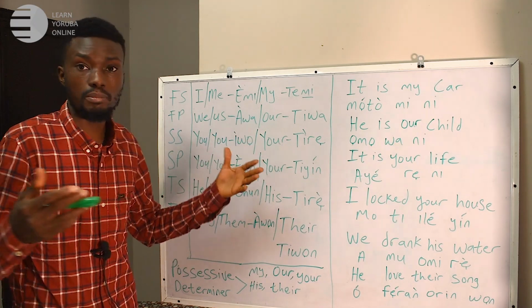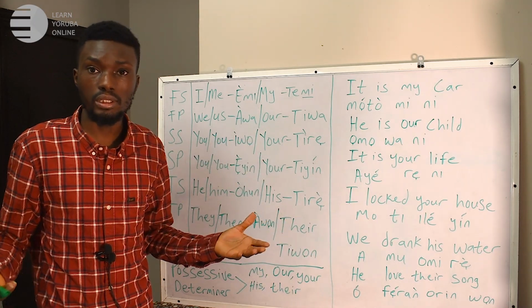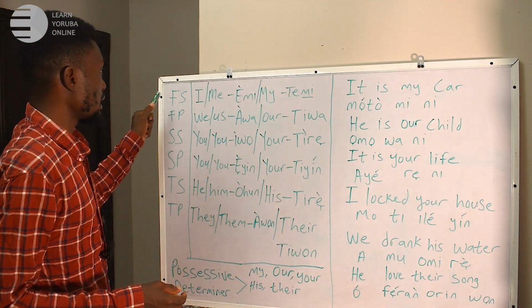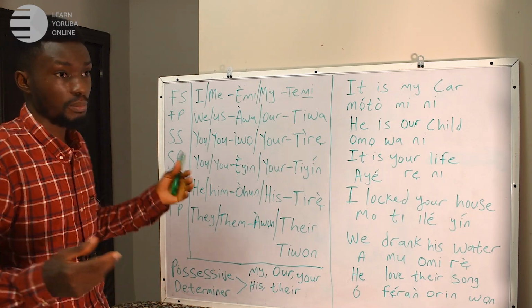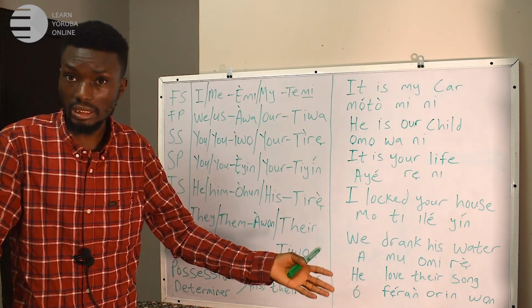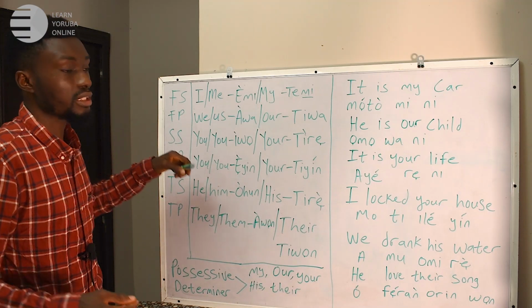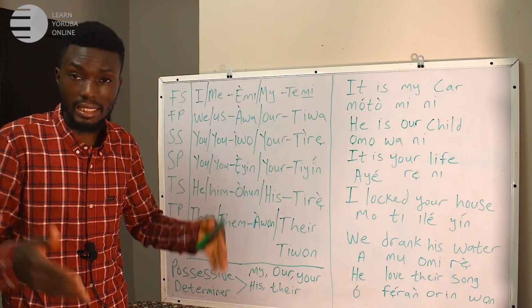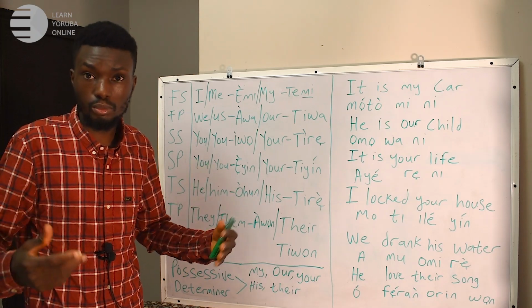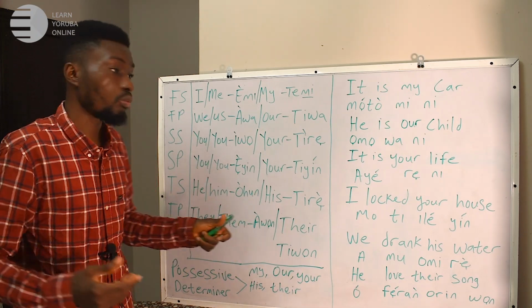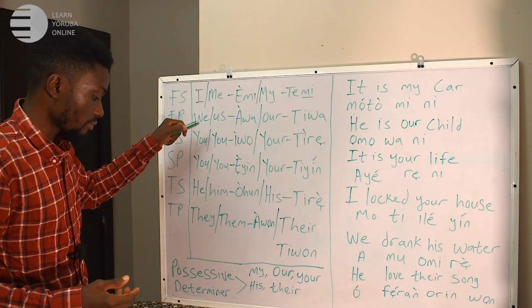So to give a brief recap on what we've done in the past, I'll be talking about the first person singular. First person just means you are the one carrying out an action, and it is only you. First person plural means you are the one carrying out an action, but not only you, that is, you are more than one, like we have it in we.